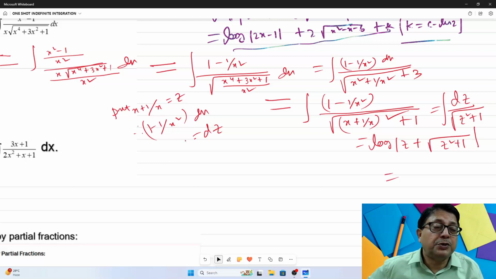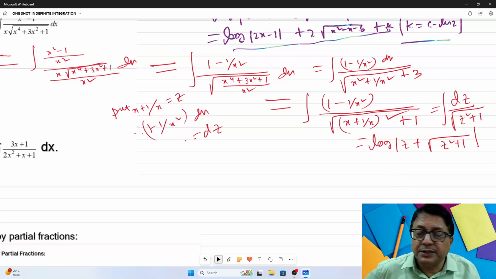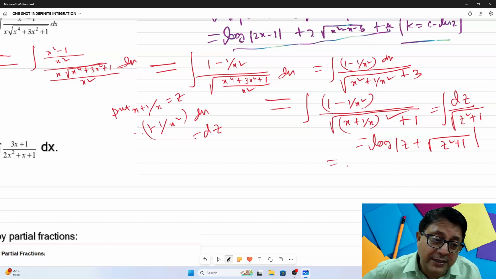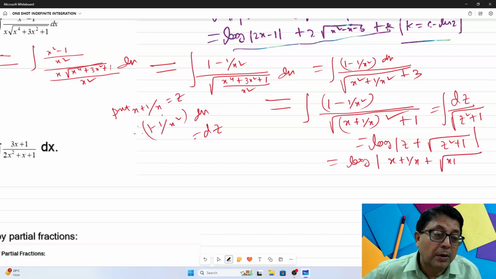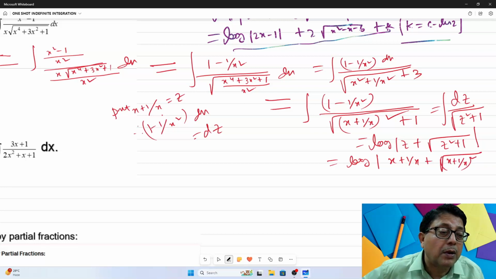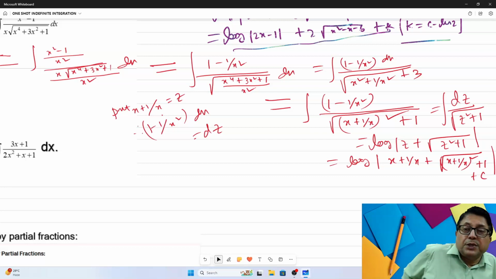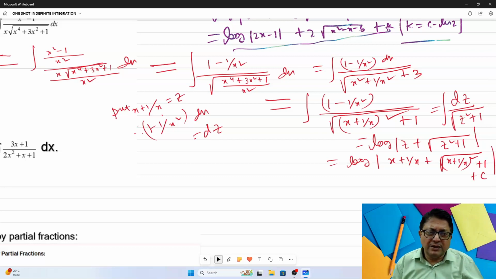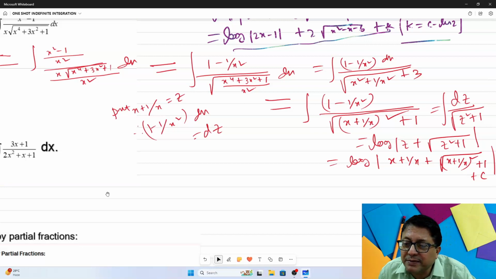So this is changed to log of, you replace z. Z is what? X plus 1 by x. It will be log of mod of, alright. So sum is done. It's a big one, but then marks also will be given accordingly.